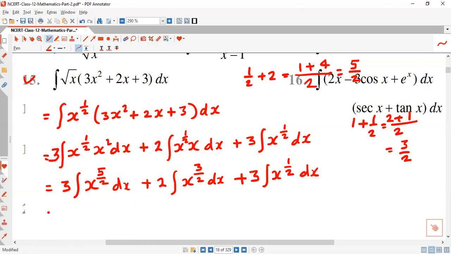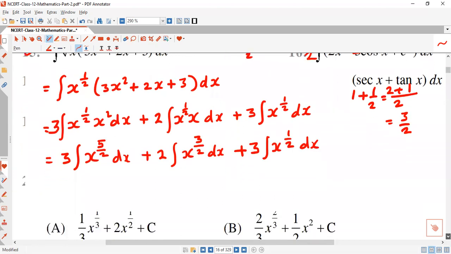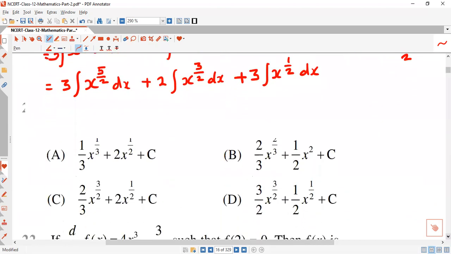Now we are taking the integration. We add 1 to every power.